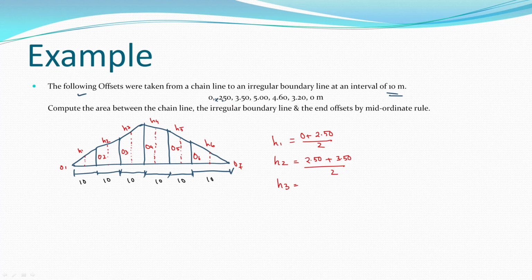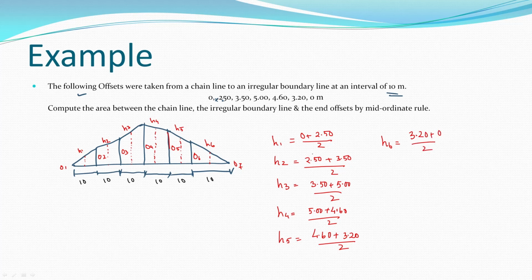H3 will be 3.50 plus 5.00 by 2. H4 will be 5.00 plus 4.60 by 2, and H5, that means O5 plus O6 by 2, so 4.60 plus 3.20 by 2, and the last one, H6, is equal to 3.20 plus 0 by 2. So these are the values of the mid ordinates.